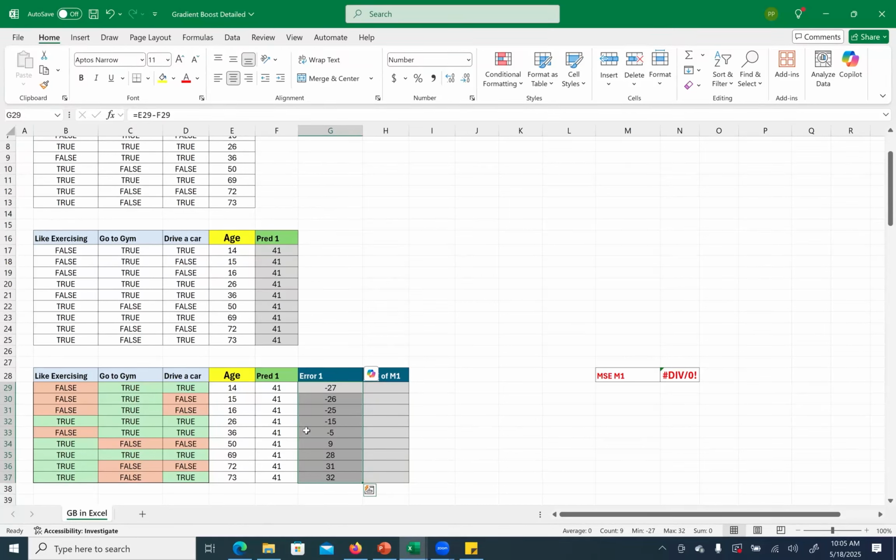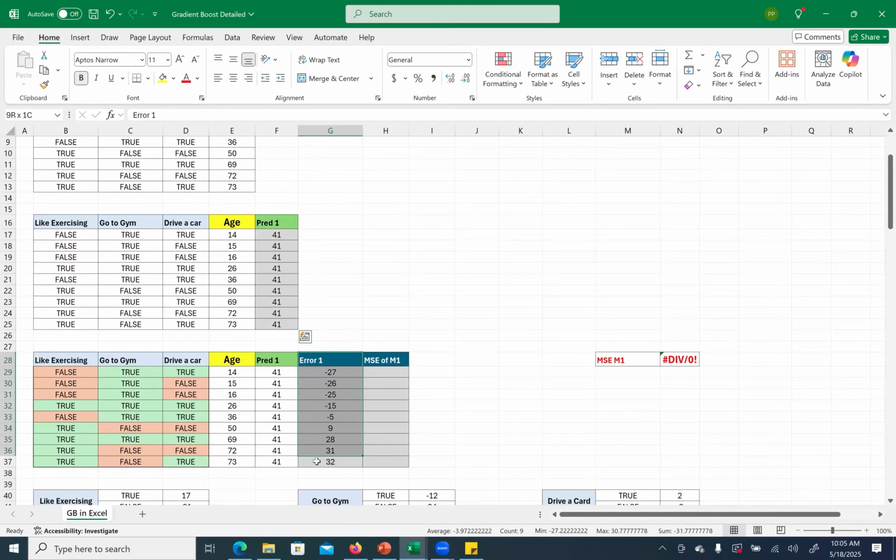So the first step is to create an average model. Once the average model is created, I will calculate the error. Error is nothing but actual value minus predicted value.